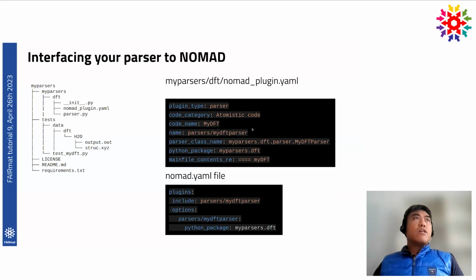Yeah, so the third step is interfacing your parser to NOMAD. Our parser has a structure like this. I structured my parser like this. We have the myDFT parser under my parsers, and it has this init.py, this NOMAD plugin.yaml, which you have already seen in the previous talks.